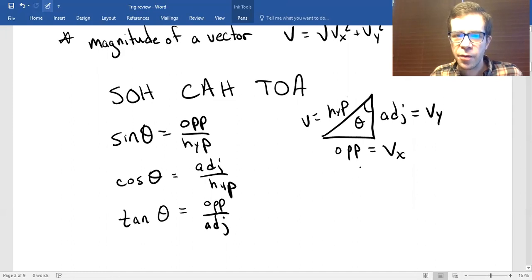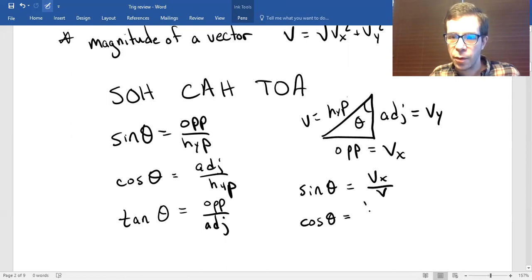So sine theta would be the opposite over the hypotenuse, so Vx over V. Cosine theta would be the adjacent side over the hypotenuse, so Vy over V. And tangent theta would be opposite over adjacent, which would be Vx over Vy.